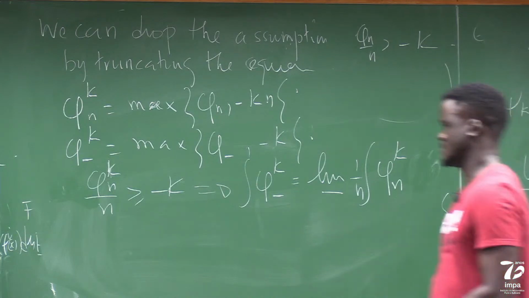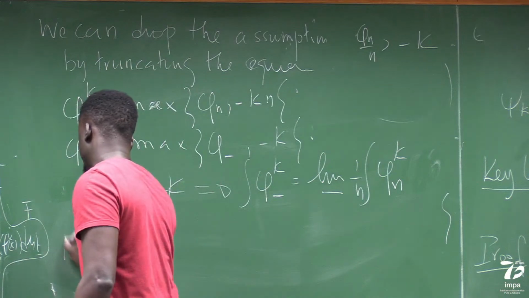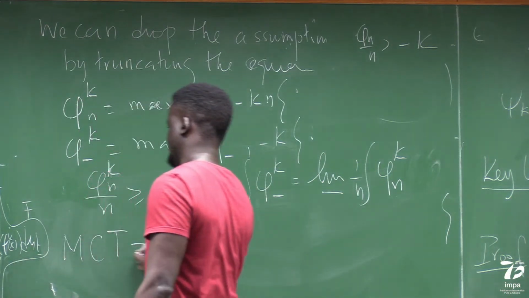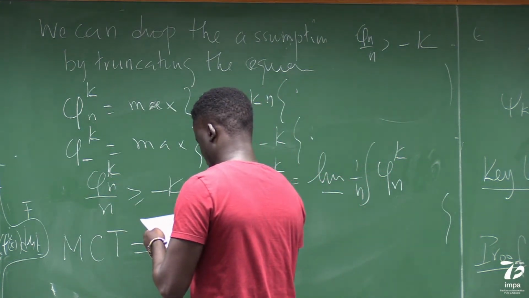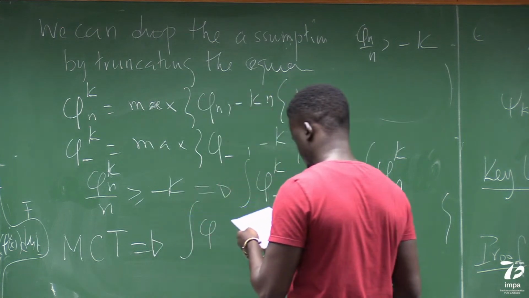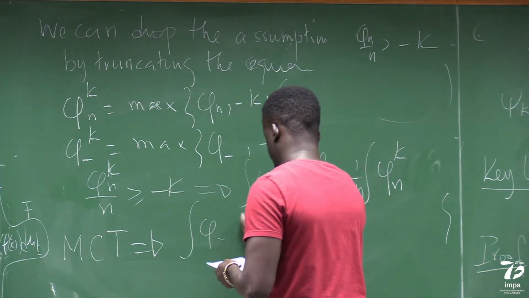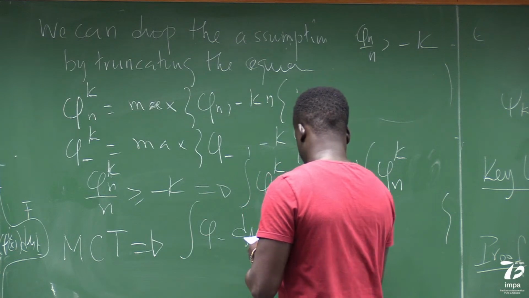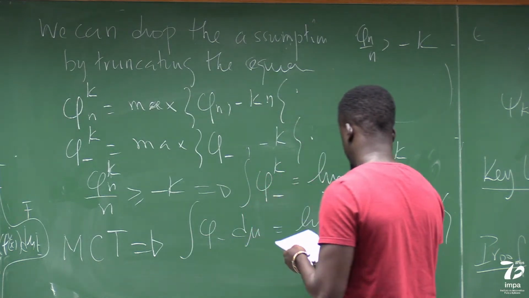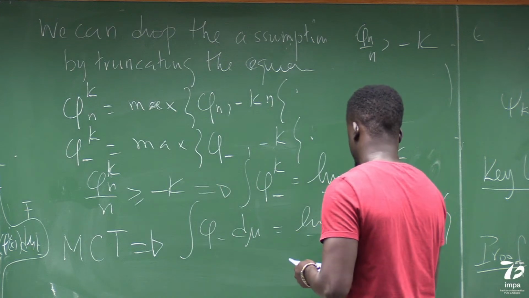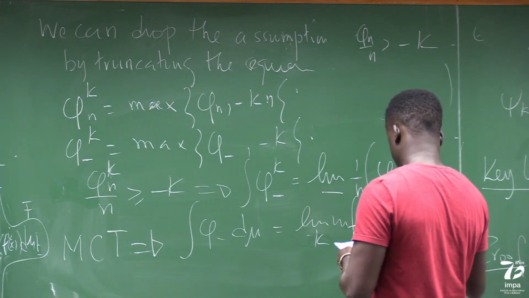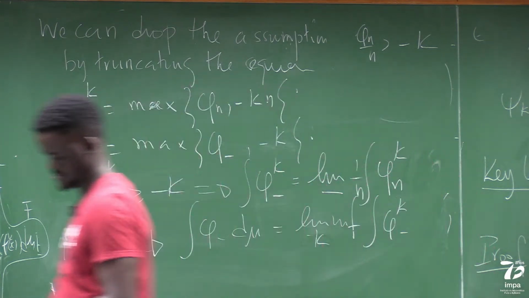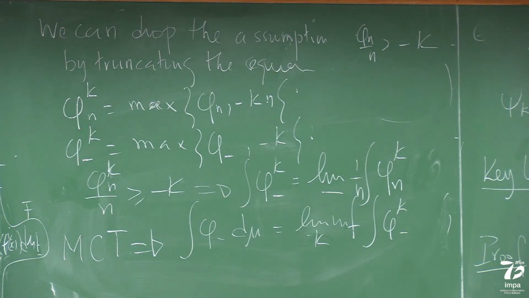Now here you use another theorem from measure theory, which is the monotone convergence theorem, to have that the integral of phi minus d mu equals the lim inf with respect to k of the integral of phi k minus. Okay, so we are just about to finish.